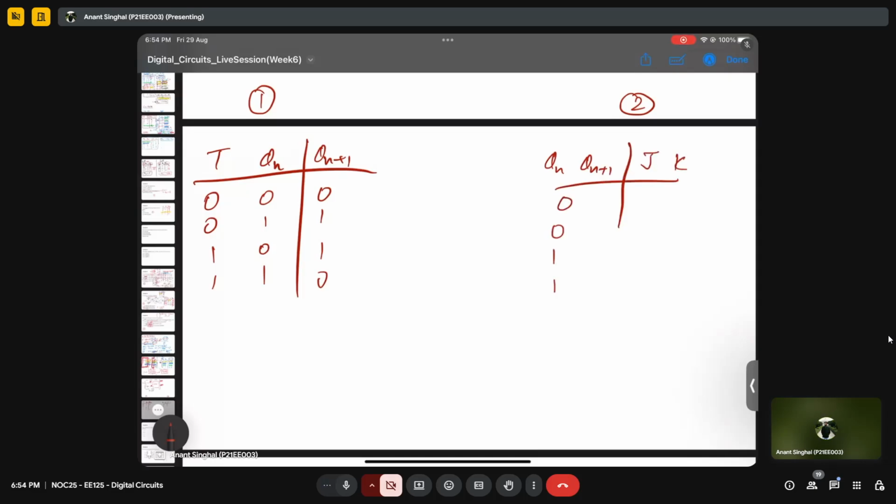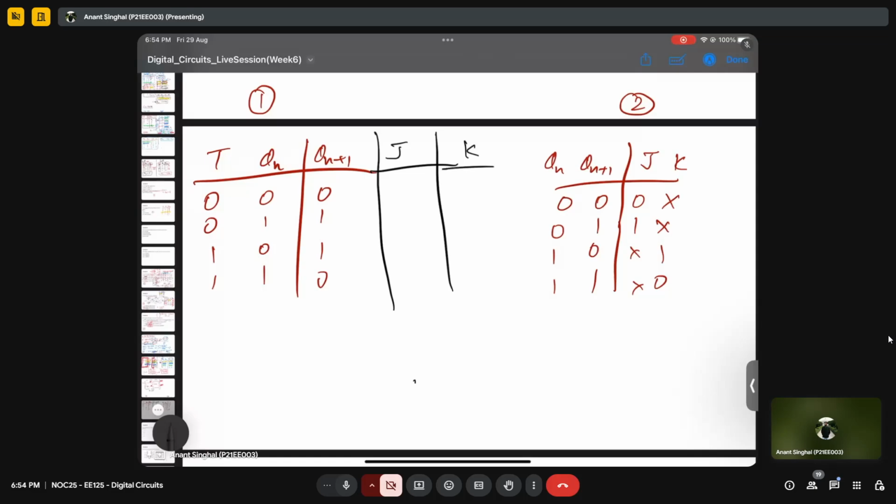0x, 1x, x1, x0. Now the third step is to write JK in terms of T. So when it is 0 0, we know it's 0x, 1 1 it's x0, 0 1 is 1x, and 1 0 is x1.